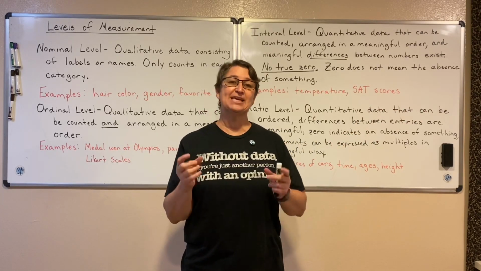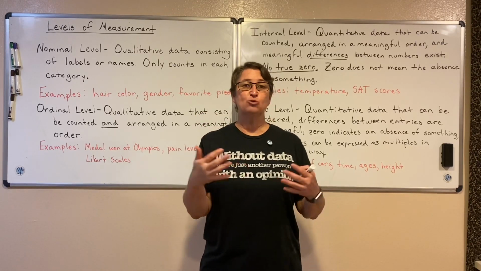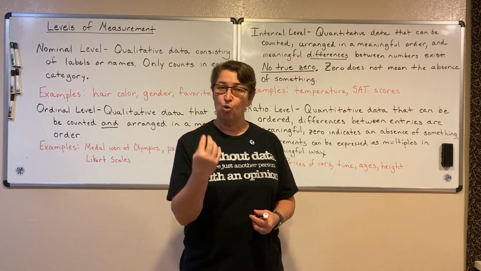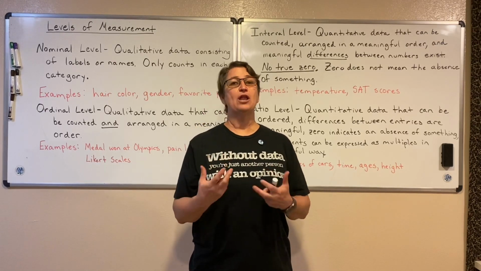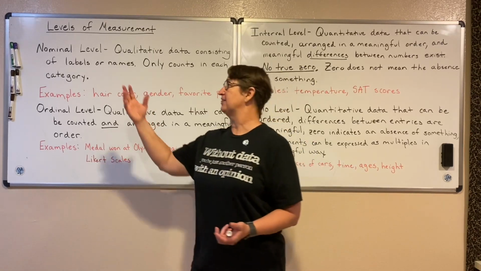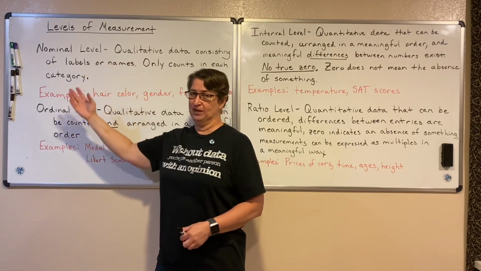I'm just simply counting how many are in each category. I can't do anything else with that data that I've collected. So that qualitative data, where all I can do is simply count how many are in each category, is at the nominal, or the most basic, level of measurement.